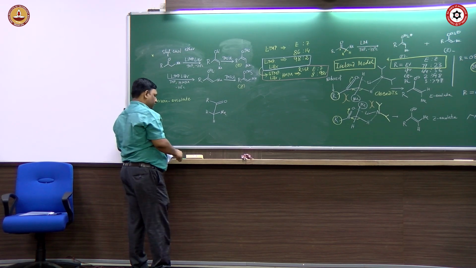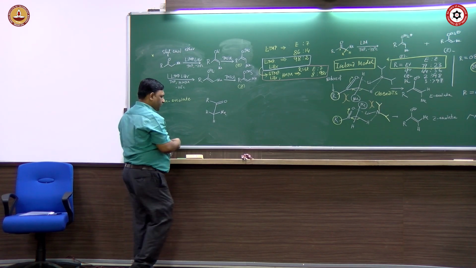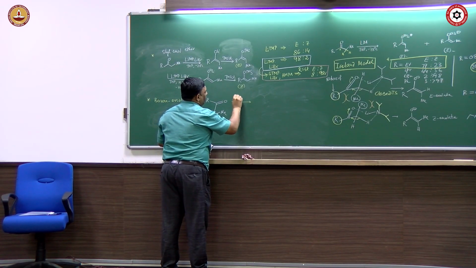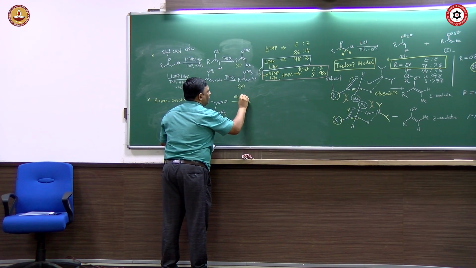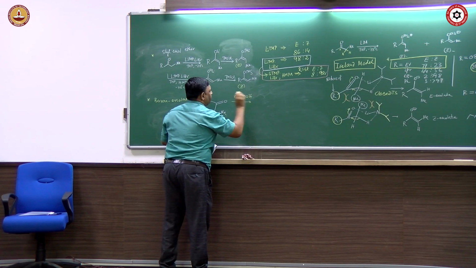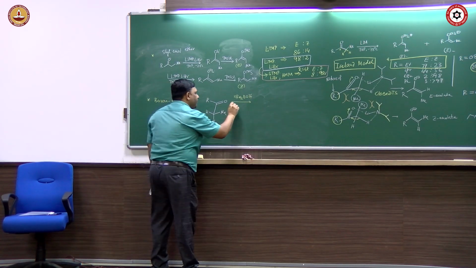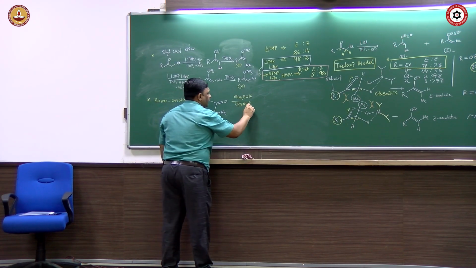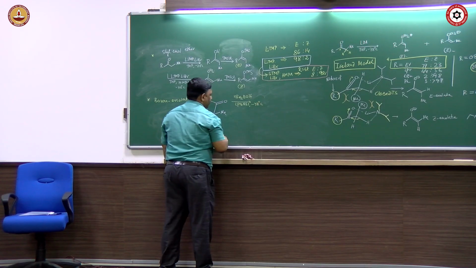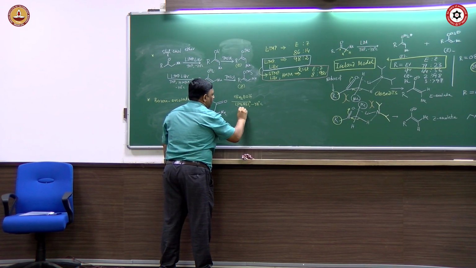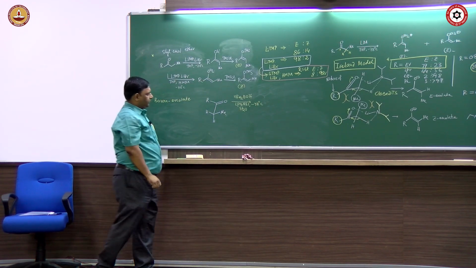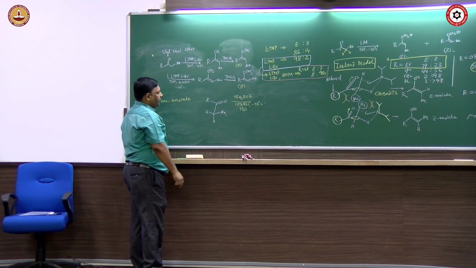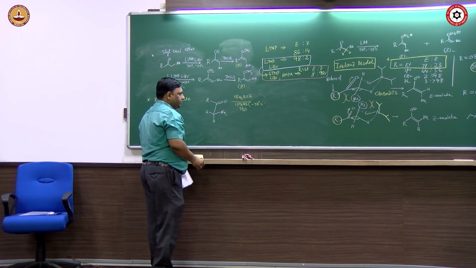This is the way. Now, one of the reagents which is going to be used is n-butyl boron triflate, and the base is the Hünig base, diisopropylethylamine. It is at minus 78 degrees centigrade, with ether or THF as solvent. What exactly happens when you add these two?